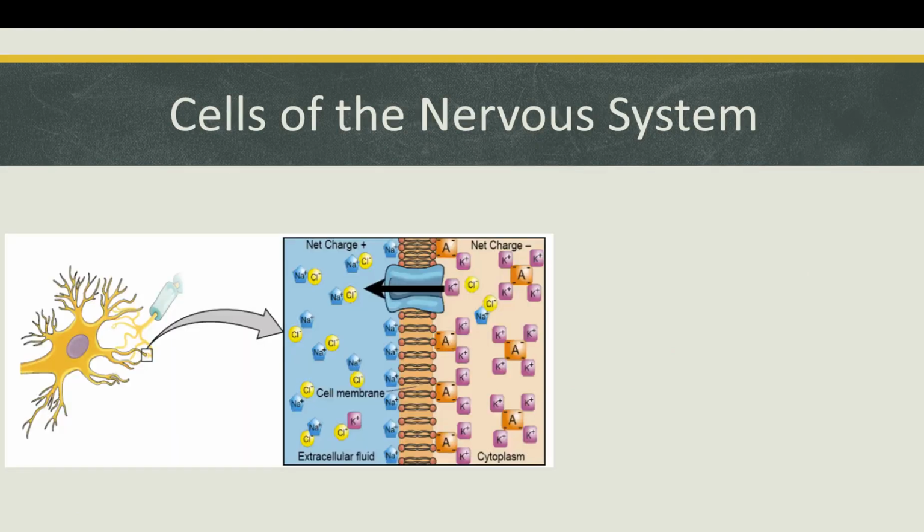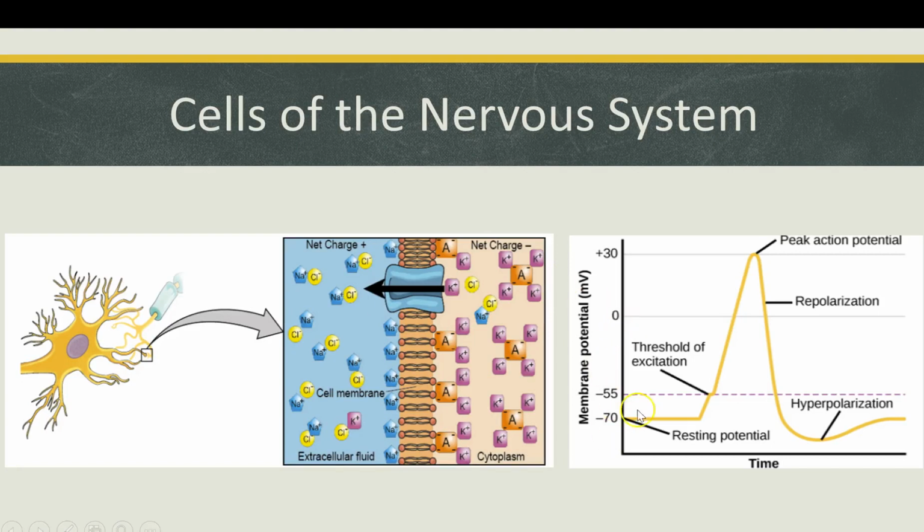And before a neuron is able to send a message, it is in its resting state, or the resting potential. And here there are more sodium ions, which are the Na ions here, outside of the neuron cell membrane, while there's more potassium ions represented by the K here. And these potassium ions are mostly inside the neuron.